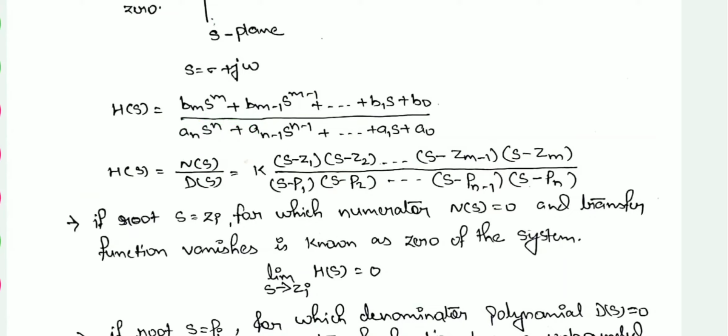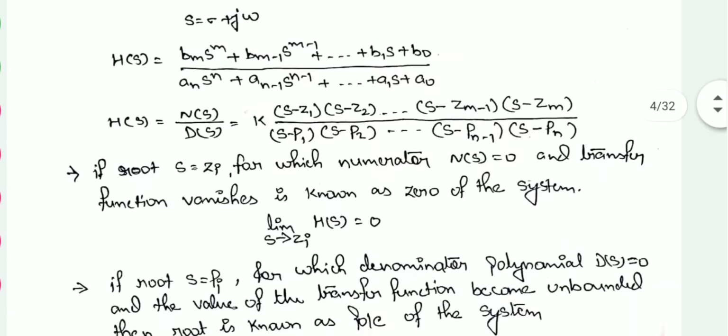Therefore, in the numerator the maximum number of roots is m, and in the denominator the maximum number of roots is n. When we find the roots of this equation, we have two possibilities.